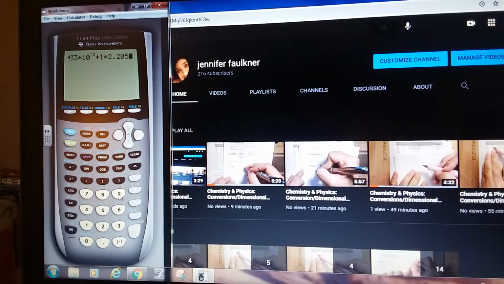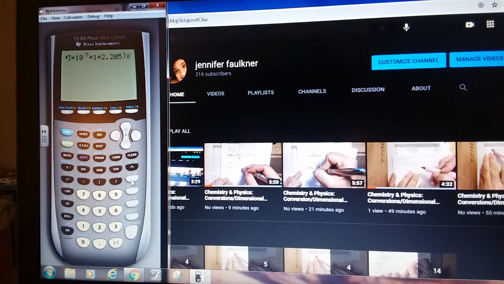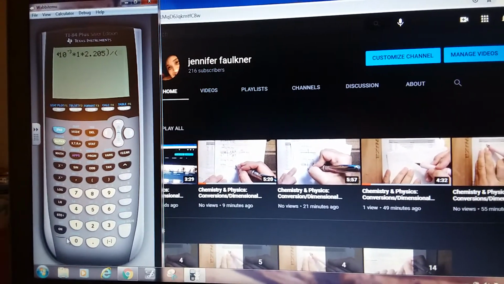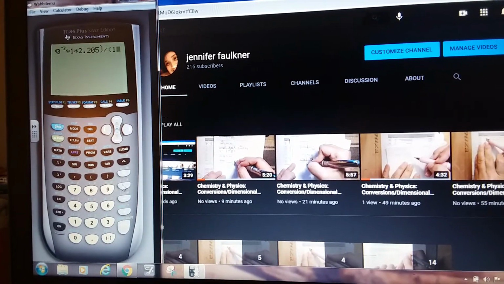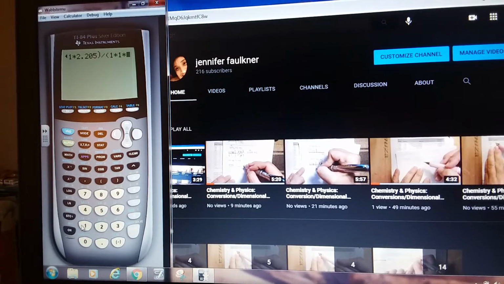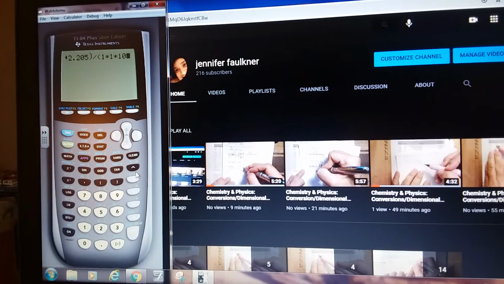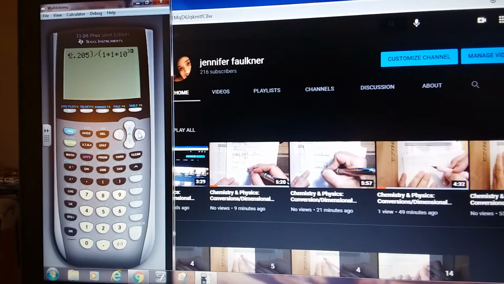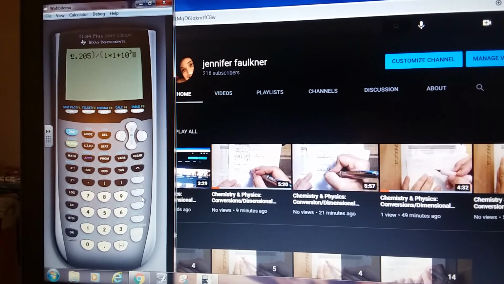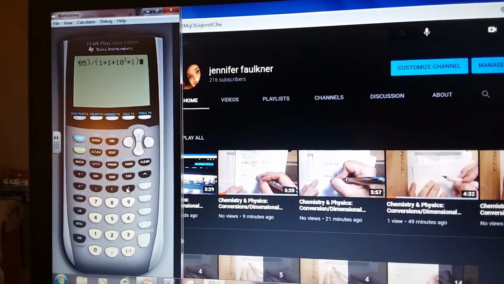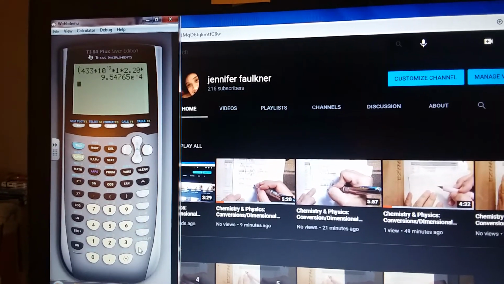That's the end of the numerator stuff, so I'll close the parenthesis, hit divide, and open it back up for the denominator. That's going to be 1 times 1 times 10 raised to the positive 3, right-hand arrow to bring it down, times 1. Close parenthesis and enter.